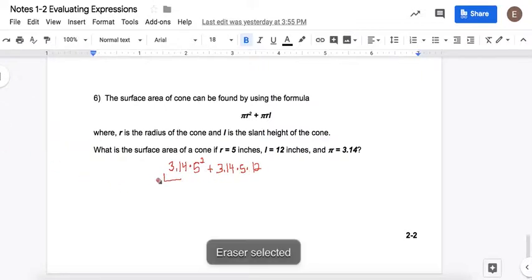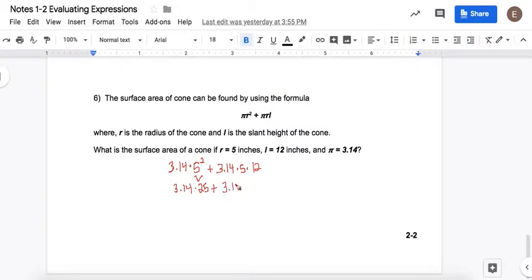But before I do this left group, I notice I have exponents here. So we're going to do 5 squared first, which is 25, plus 3.14 times 5 times 12. Now, since I have all multiplication on this side and all multiplication on this side, I can do it in two groups. So we'll do this one first, then we'll do this one.